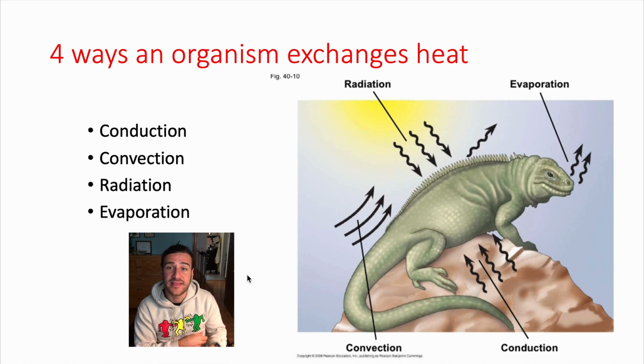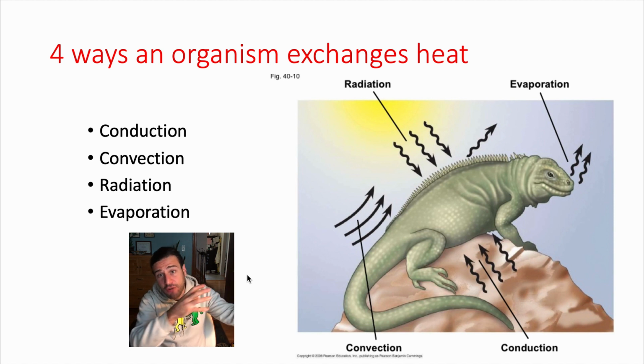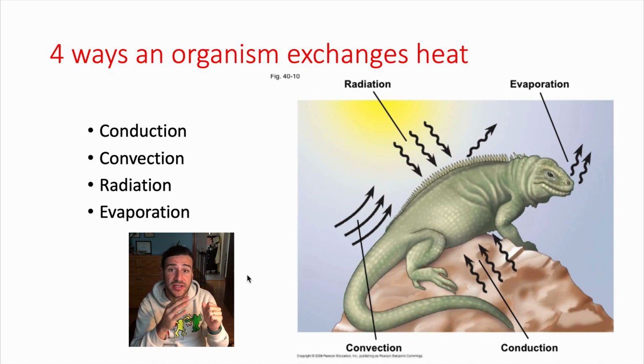Radiation is the actual electromagnetic spectrum from the sun. The frequencies from the sun are vibrating, and when those frequencies reach you, they heat up that surface. So that is radiation. Direct radiation from the sun causes you to heat up.